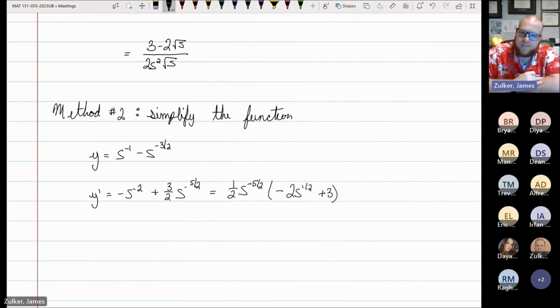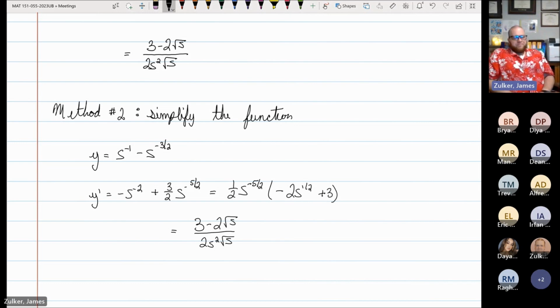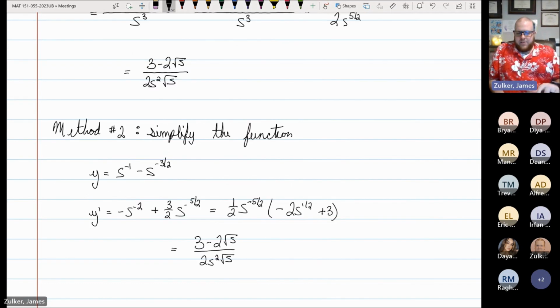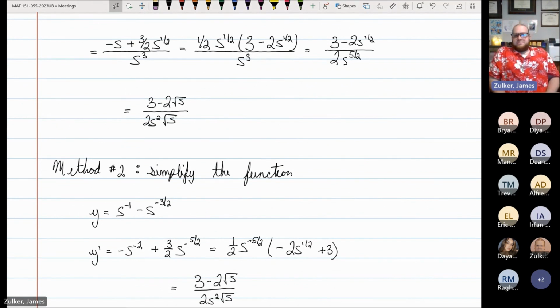Plus 3. And look at that, you get the exact same thing with much less work.